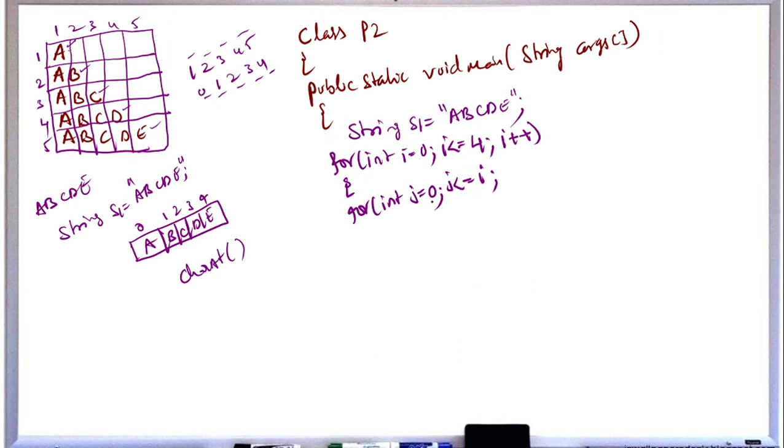For example, when i is equal to 0, j is equal to 0, only one value it will print. When i is equal to 1, j is equal to 0, and i is equal to 1, j is equal to 1, like that it will be printed.